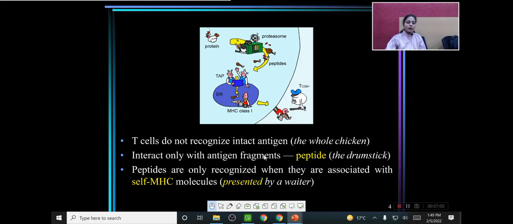T cells interact only with antigen fragments, that is peptides, a single chain of peptide, right? Peptides are only recognized when they are associated with self MHC molecules.